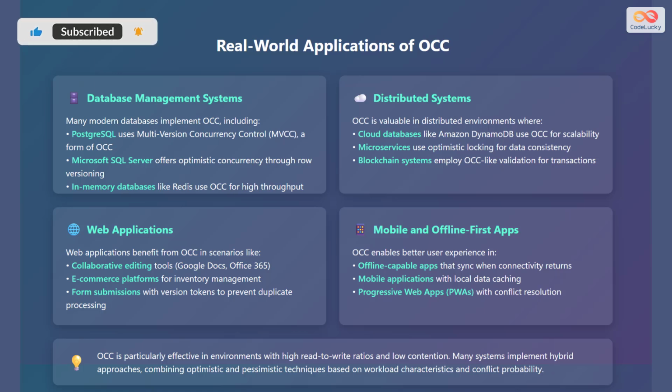OCC enables better user experience in offline-capable apps that sync when connectivity returns, mobile applications with local data caching, and progressive web apps, also called PWA, with conflict resolution. OCC is particularly effective in environments with high read-to-write ratios and low contention. Many systems implement hybrid approaches, combining optimistic and pessimistic techniques based on workload characteristics and conflict probability.